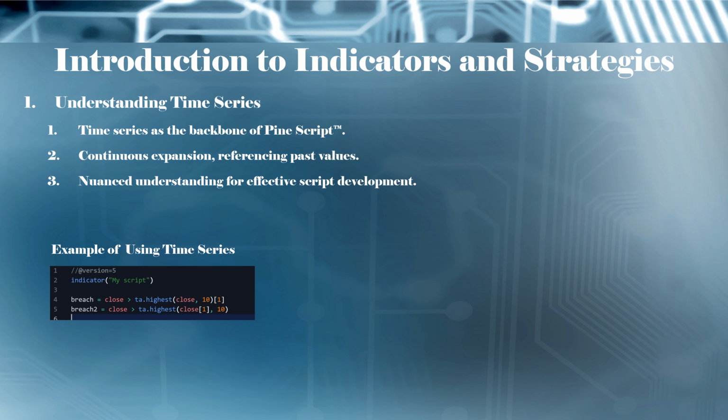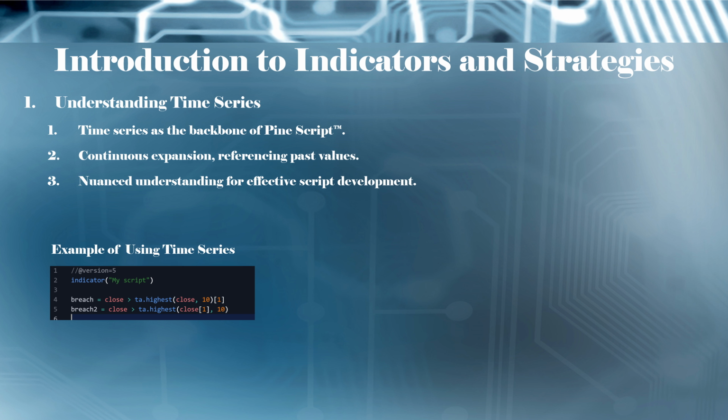This continuous expansion of time series with each bar execution enables referencing past values through the history referencing operator, which is the square bracket operator as you see on the screen. While it might seem like arrays, time series differ significantly, demanding a nuanced understanding for effective script development.